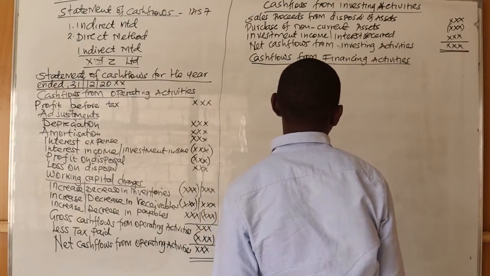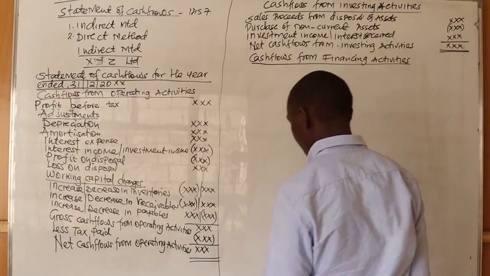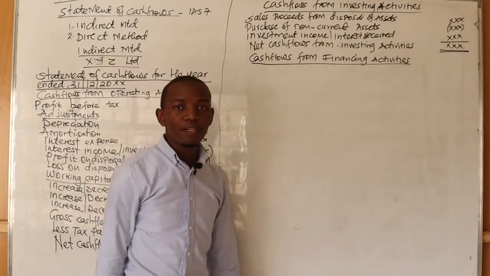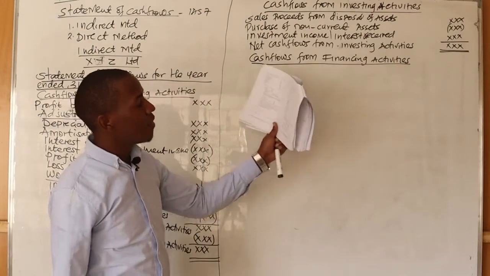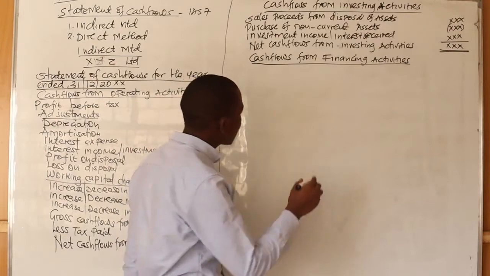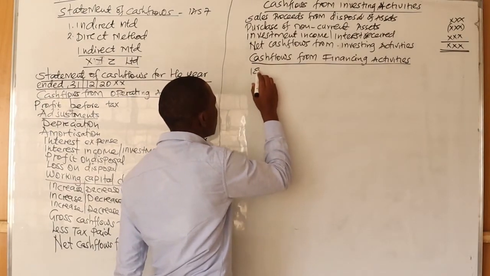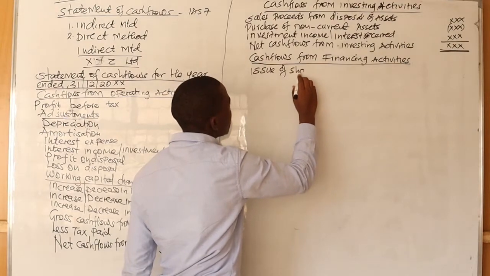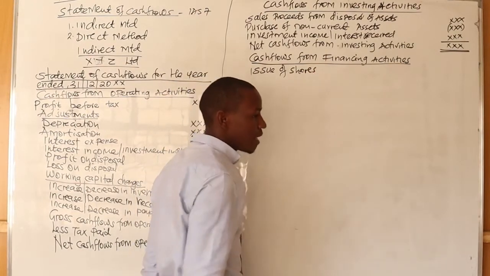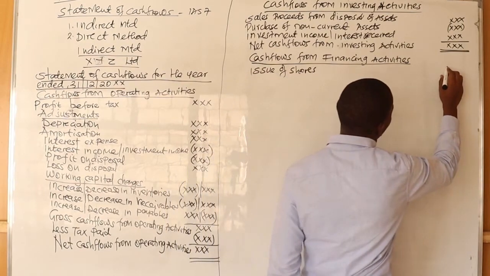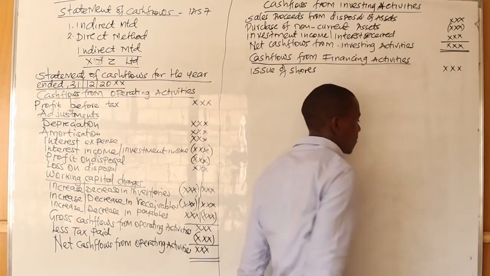The cash flows from financing activities are related to the sources of finance, and in this case, this is whereby we are having the ordinary shares and the debentures. So if the company issues shares, remember once you issue the shares, you are receiving the cash, and therefore in that case you will add that value.